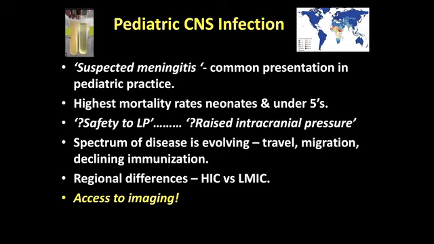We have travel, we have migration, we have declining immunization and anti-vaxxers, and therefore we need to be aware of that, and also the regional differences of what's common in our own country versus in other countries, and what may be becoming more prevalent in our country with migration. And as I've already alluded to, access to imaging is important because in many places in the world, MRI is a pipe dream, and in other places, MRI would be the investigation of choice or the first investigation.